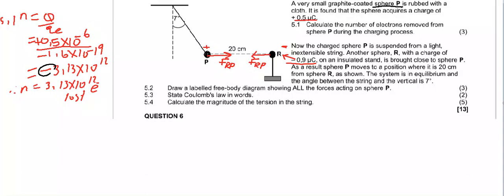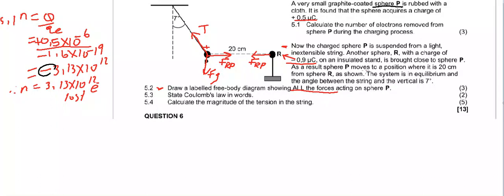Then if you look here, we can also draw a force going straight downwards, that is Fg. Then we have this force going in that direction, which is a tension force. So the first question says draw the labeled free body diagram showing all the forces.